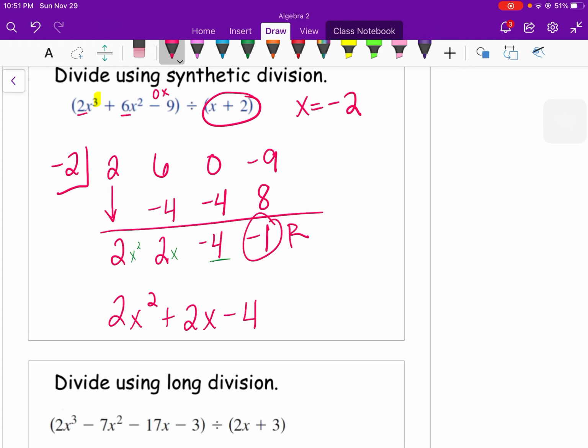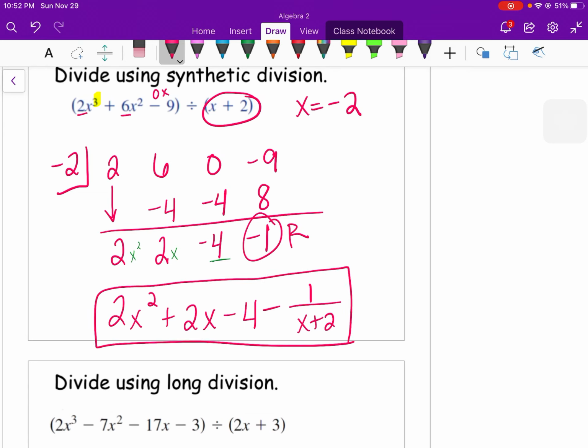It's negative, so I would write it as minus 1 over x plus 2, what you divide it by. You could write it as plus and then negative 1 over x plus 2 as well. Or just, instead of writing plus, just write minus and then the 1 like that.